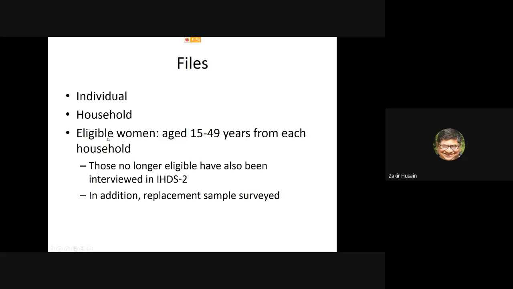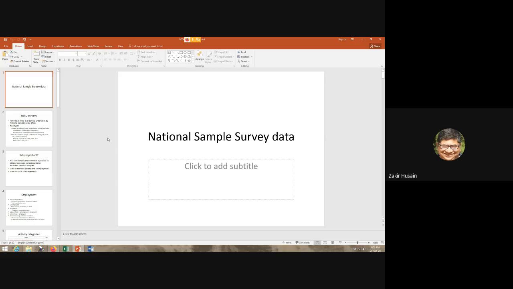So where the information is located will vary from round to round. But this is not the case for the NFHS survey, the Demographic Health Survey. We call it NFHS in India, but internationally it is called DHS.